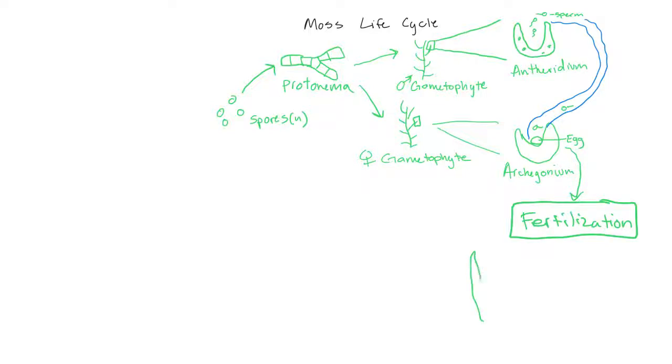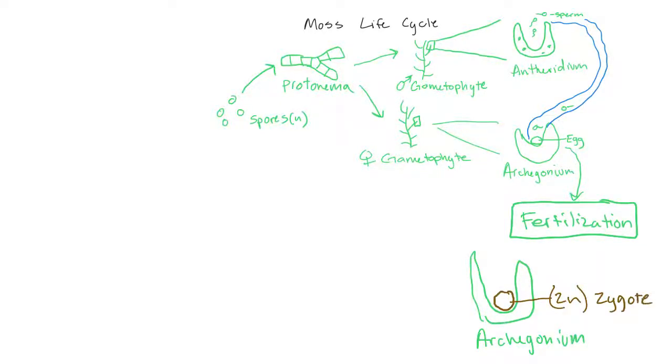And then within the archegonium, we now have a diploid. What would you call this? Zygote. Okay, good. All right, this zygote, but the archegonium itself it's still haploid, right?